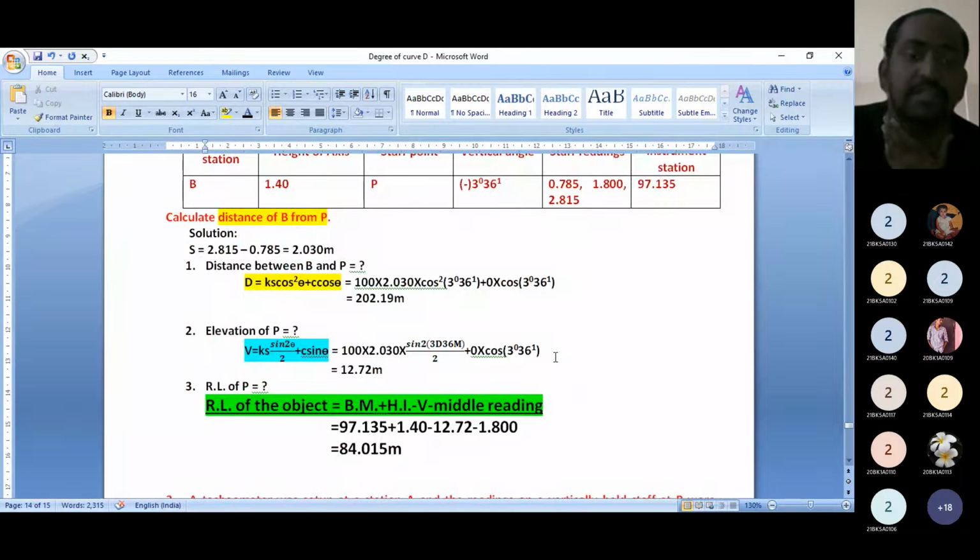Okay, now these are the things we have calculated. For every problem in tacheometric survey, we have to calculate these three values.